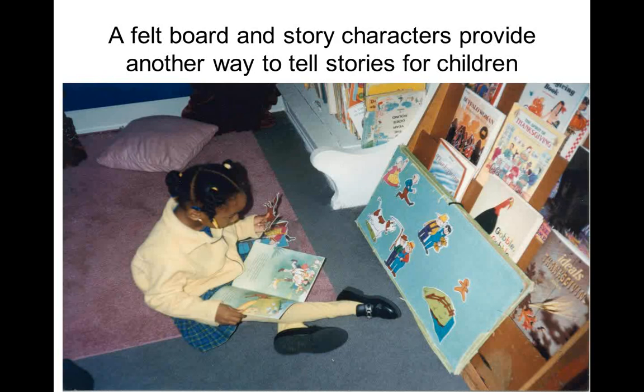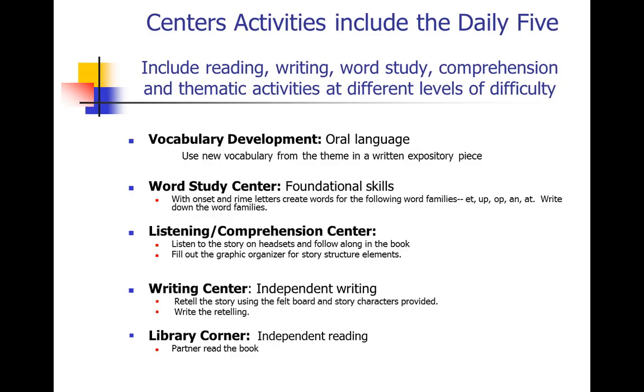and story structure. When the children are settled, there are more stations or centers available for them during this period of time. We often call them the Daily Five, but there's vocabulary activities, word study activities, listening comprehension, writing, and the library corner for independent reading, which they're already doing. They're doing this because they're going to work independently, and the teacher is going to take them in guided reading small groups.